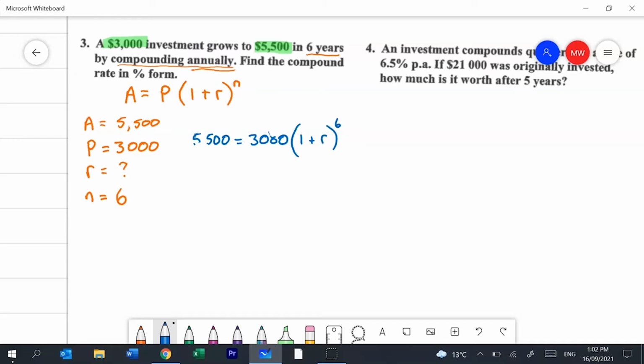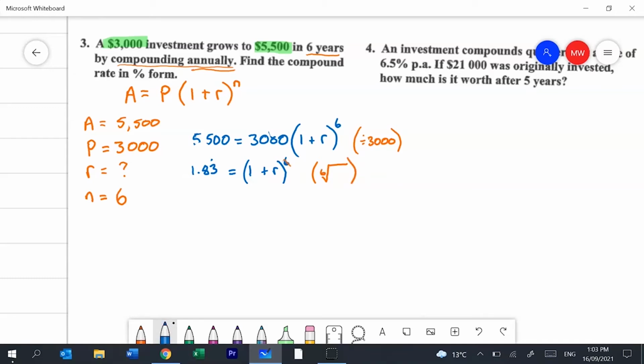So let's start to solve this out. I have got a bit of balance method to do here, so I'll divide by 3,000 on both sides. I'm using a calculator, and I find that that will give me 1.83 recurring, and that equals 1 plus r to the power of 6. That's not much good to me, so I'm going to do the sixth root of both sides to remove that.